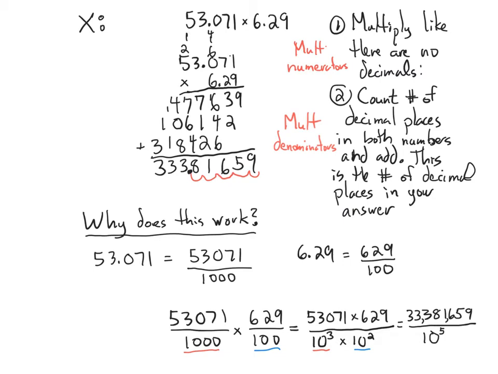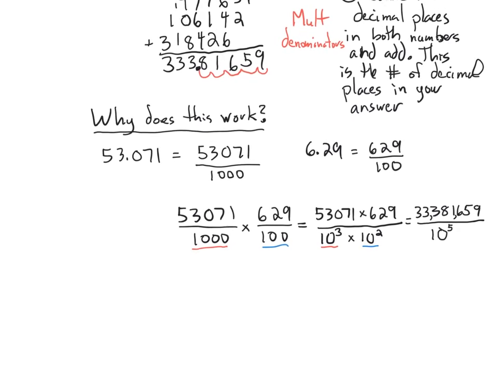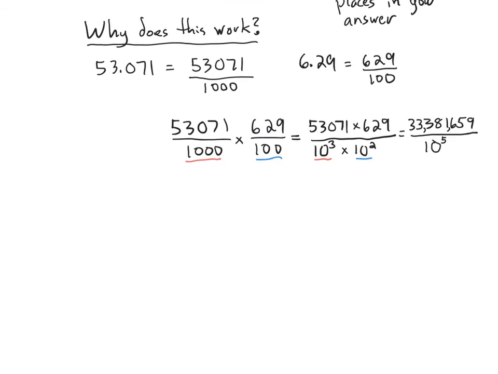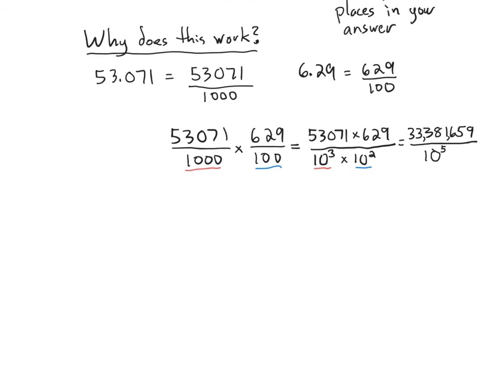So now using that knowledge, we came up with a reason why we multiply decimals the way we do. So this is good. This is another operation. Now not only do you know how to do it, you know why it works, why we do multiply decimals the way we do. And the last operation we're going to talk about, of course, is division.